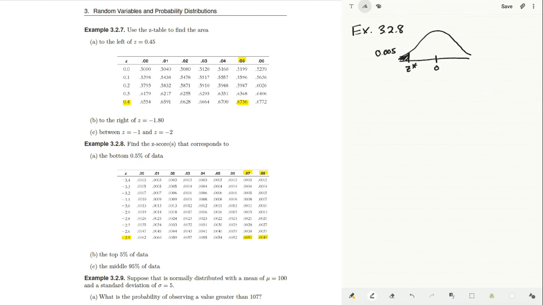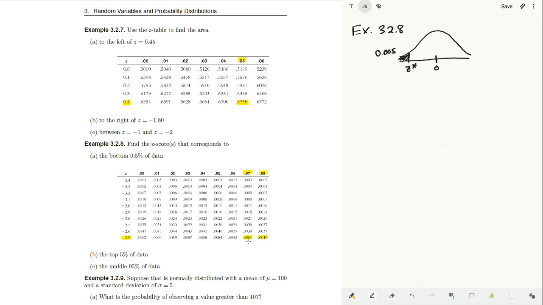So since we're given the area, what we want to do is look inside of the table for the values that have areas which are closest to 0.005. So looking in the table, the closest values to 0.005 are 0.0051 and 0.0049.